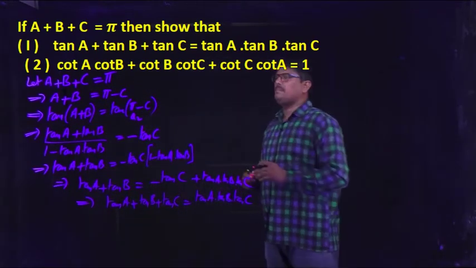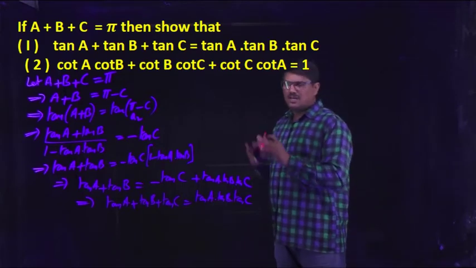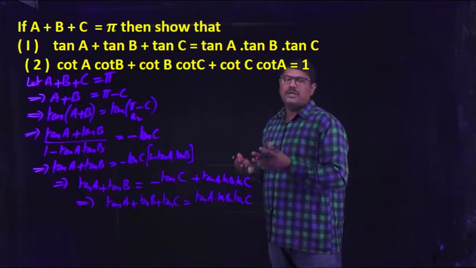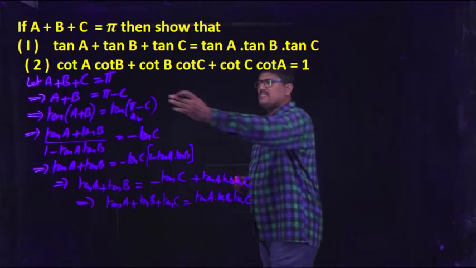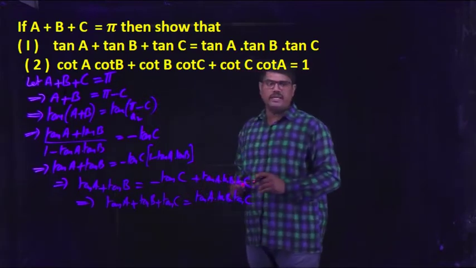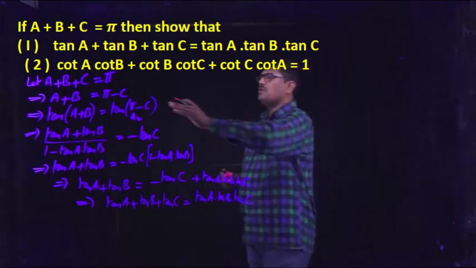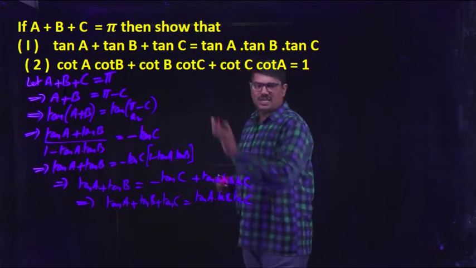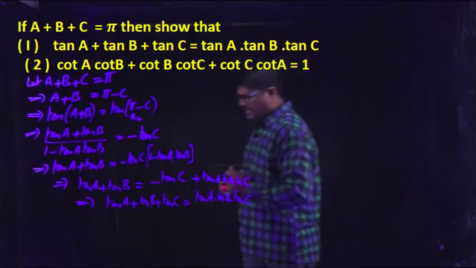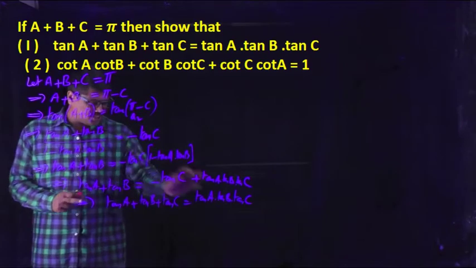If A plus B plus C is equal to pi, or sometimes they give it as triangle ABC. In triangle ABC, the sum of the angles is 180 degrees. So taking plus C to the RHS and applying tan, we get the condition. You can also remember this statement like this.